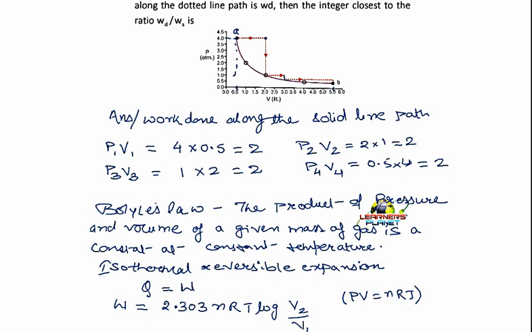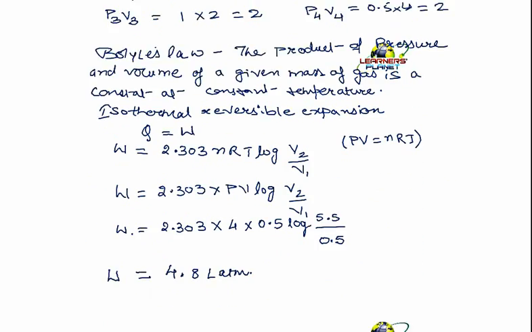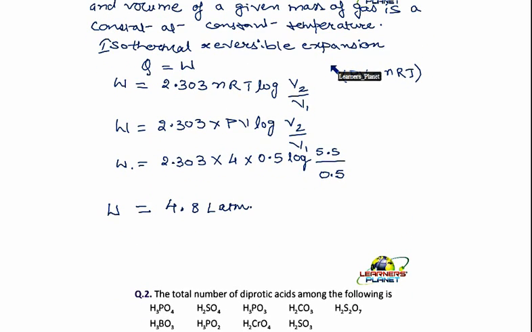So where all the work has been done, from this point to this point, this point to this point, and this point to this point, right? What is work done equal to? Work done is equal to P delta V, right? So this is your WS.